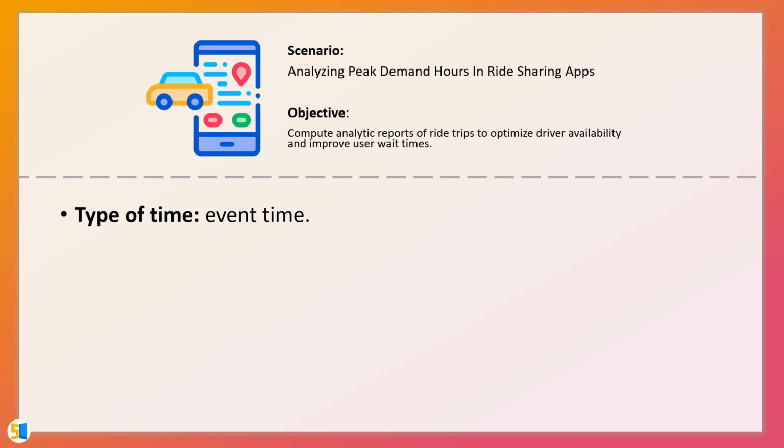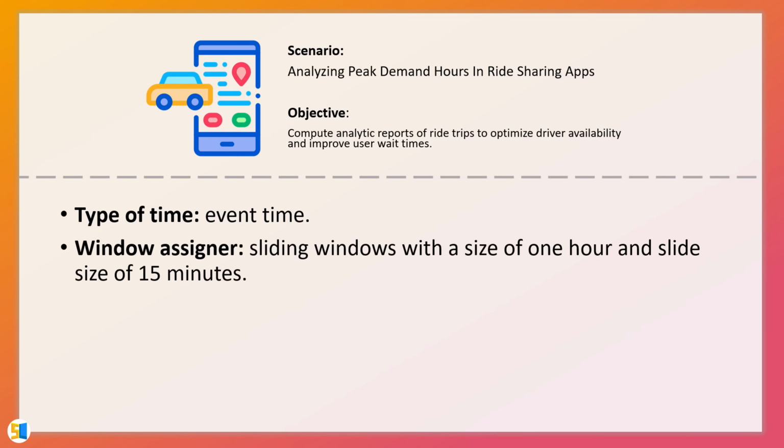What about the window assigners? We can use sliding windows based on event time, each spanning 1 hour and advancing every 15 minutes, so we can see a report every hour, with the data updated every 15 minutes.